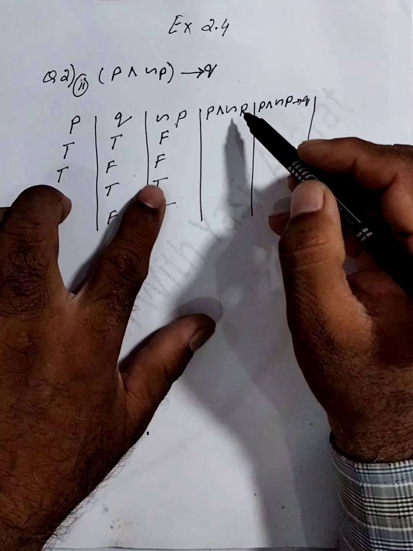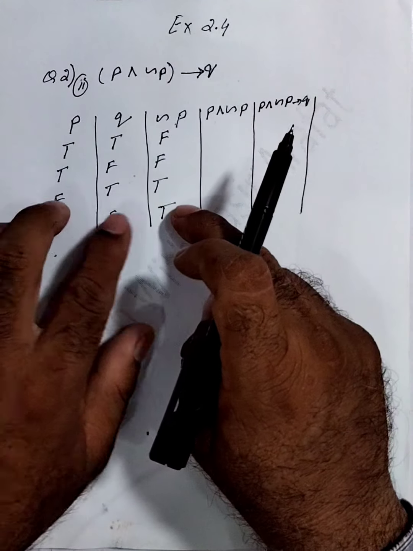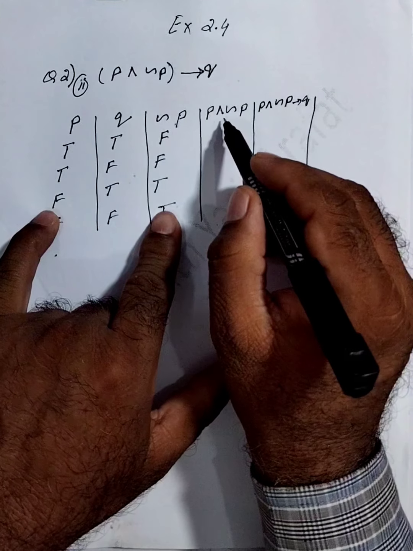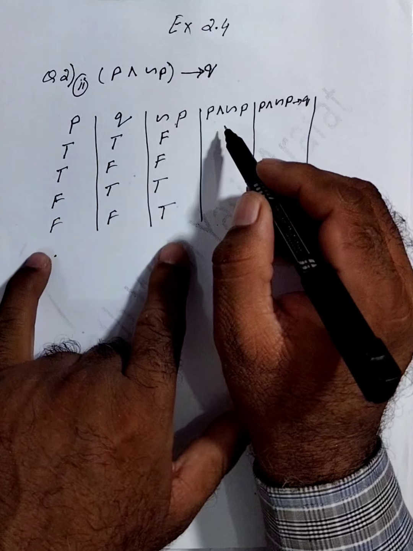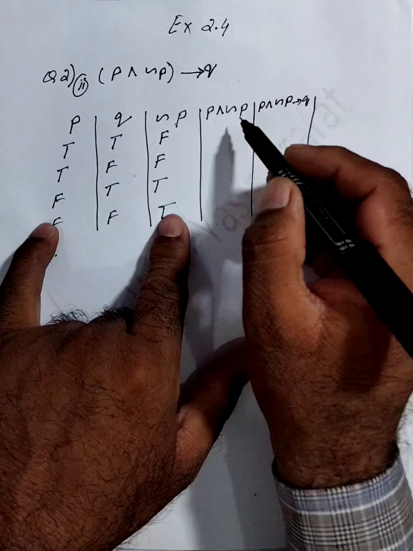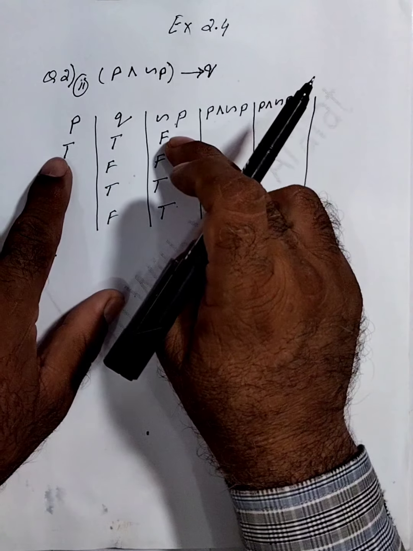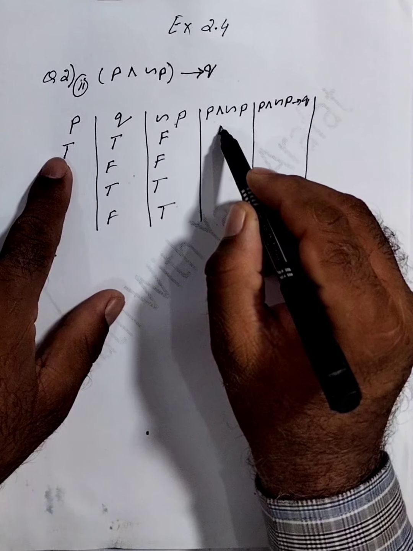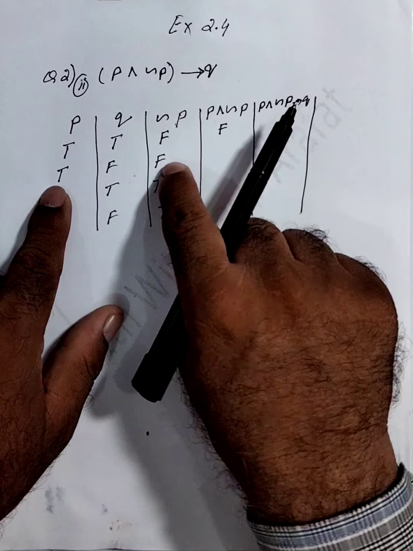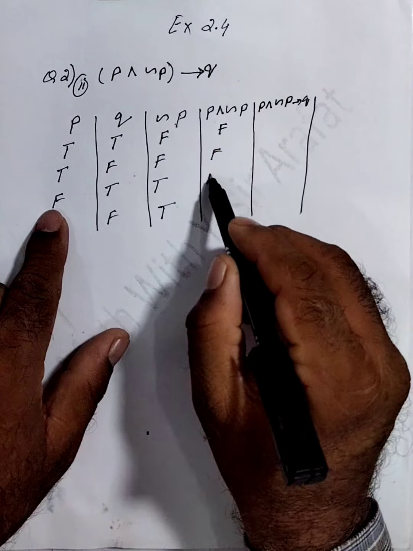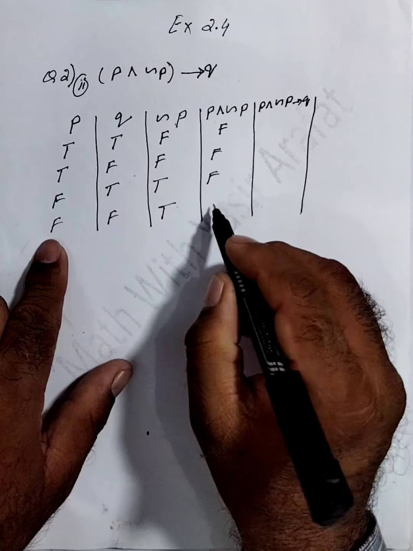P and negation P. We have discussed in the same lecture the conjunction statement. If both statements are true, then the conjunction statement will be true, remaining all are false. So here this is false, this is false, this is false, and this is false as well.